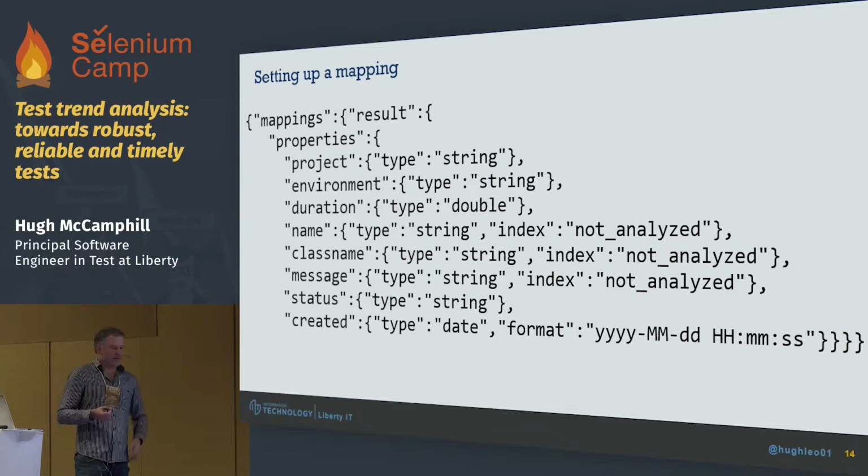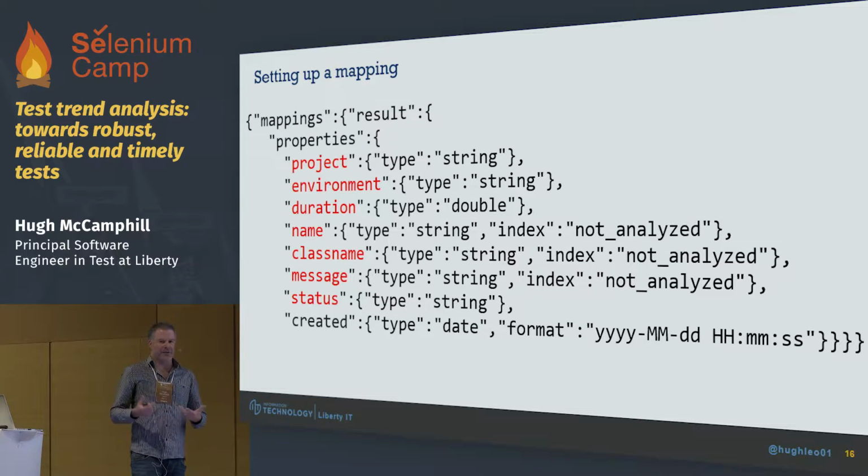So to get the type of information we're interested in, for us, we have this information already just because of the way we're running our tests. But a lot of this information can already be gathered from, for example, your JUnit report: your duration, name, class name, etc. Message just represents the error message in the event of failure.